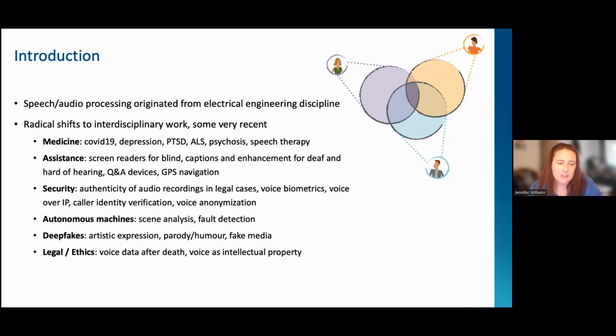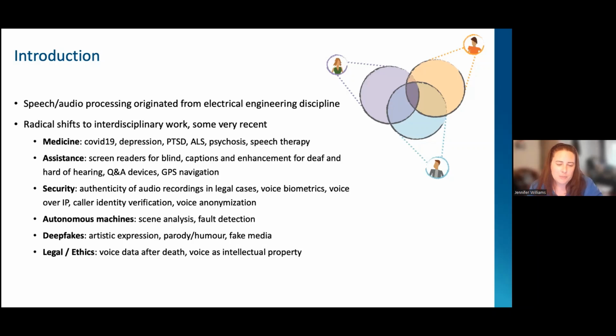In terms of security, there's a lot of different research efforts going on. So we have verifying the authenticity of audio recordings, for example, in court cases or legal cases. The use of voice biometrics, which can replace passwords, so it'd be a spoken password, voice over IP, and things like that.